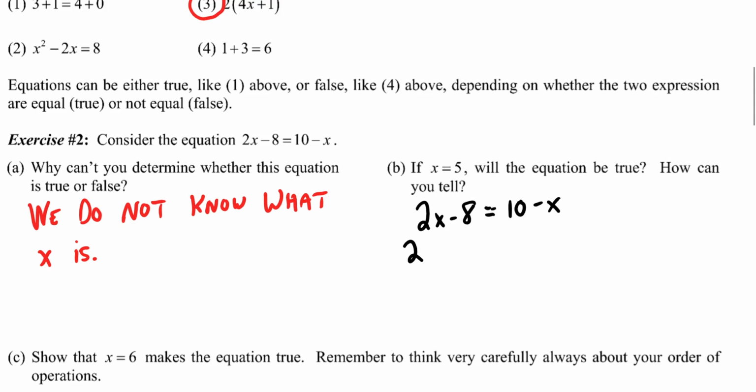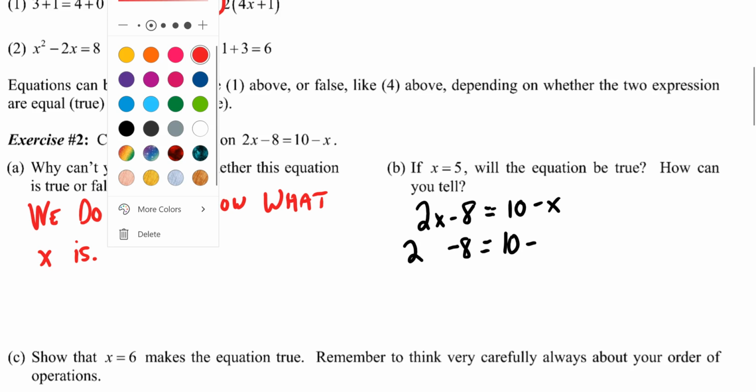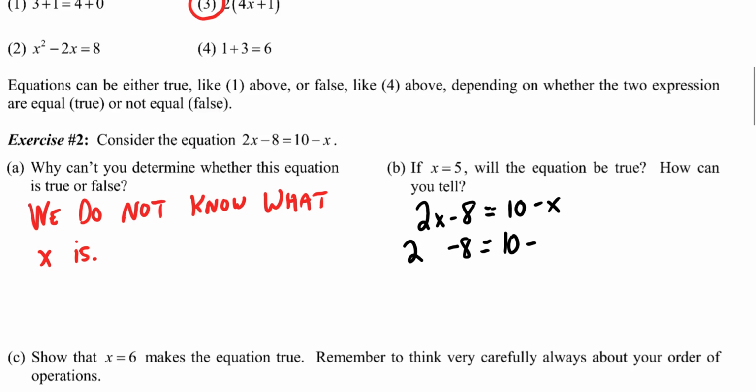And they're saying, what happens if x is 5? They're just throwing out there, hey, I think x is 5. I don't know. Might work, might not work. I have no idea.